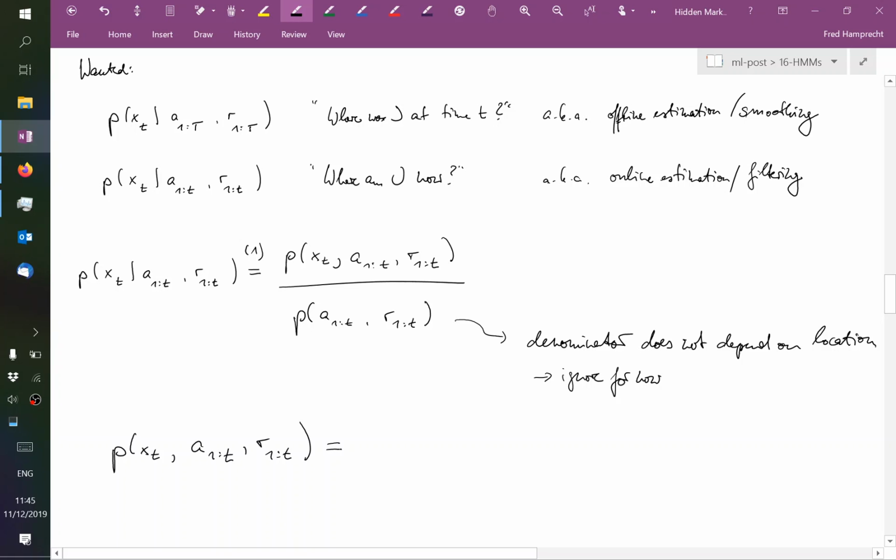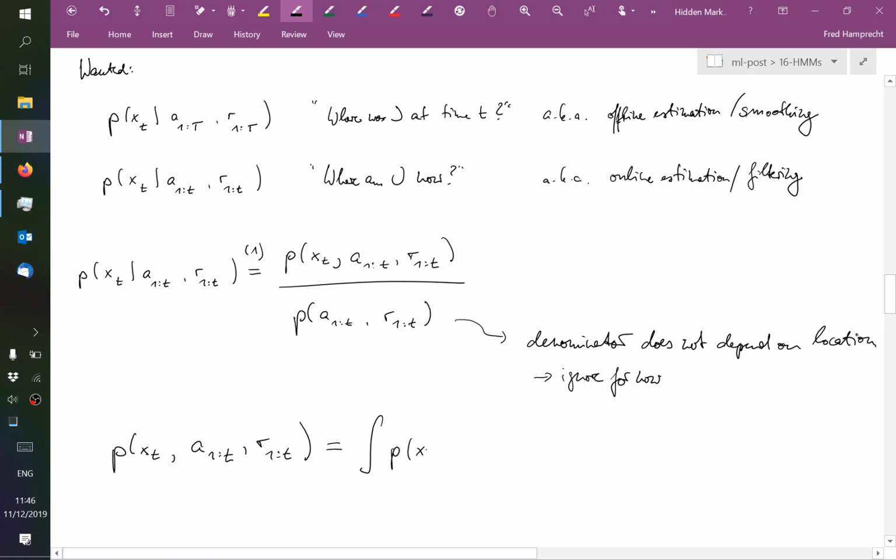I can always write this. So we will now want to do variable elimination. Yeah? And we want to end up with a recursive expression. So I will start by writing this as marginalizing out the previous state.